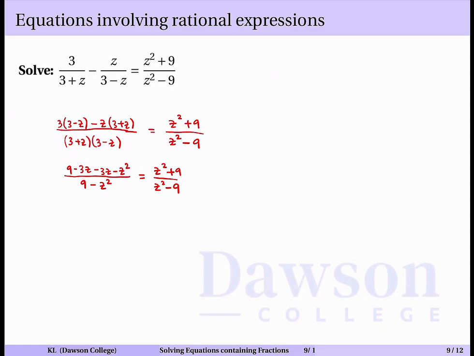So notice this denominator is almost the same as this denominator. Almost. More precisely, one is actually the negative of the other. Z squared minus 9 is equal to the negative of 9 minus z squared.